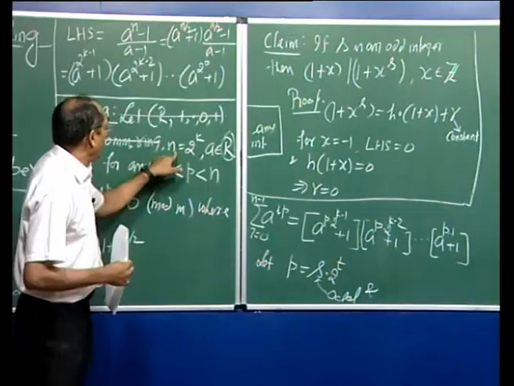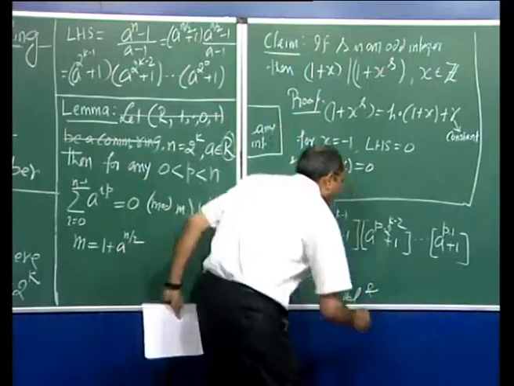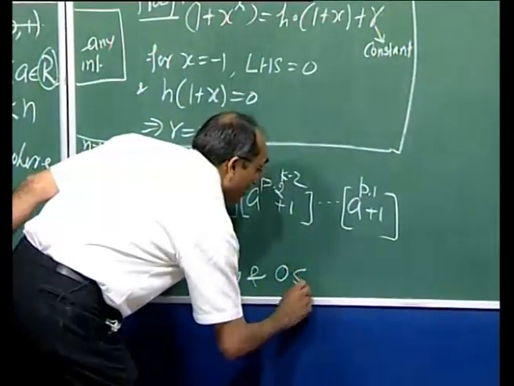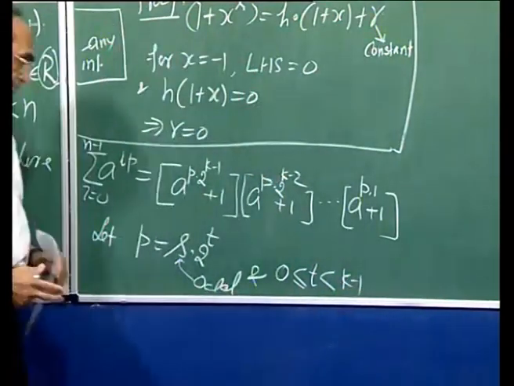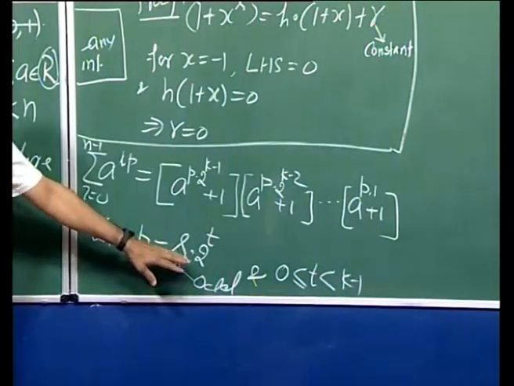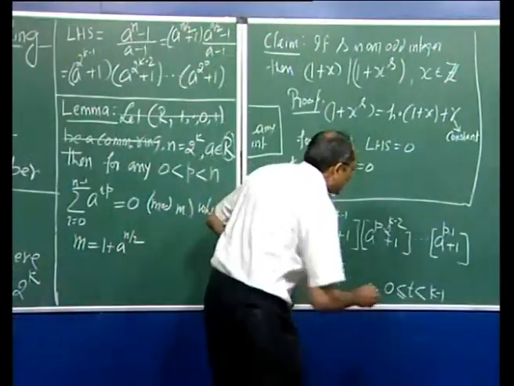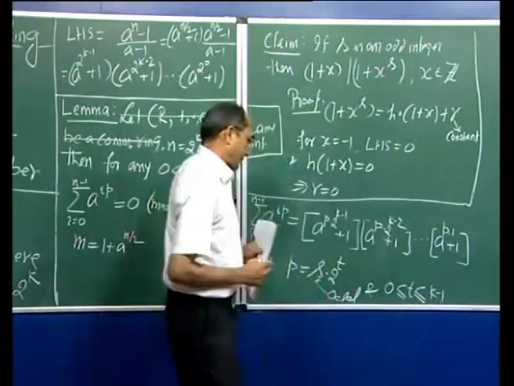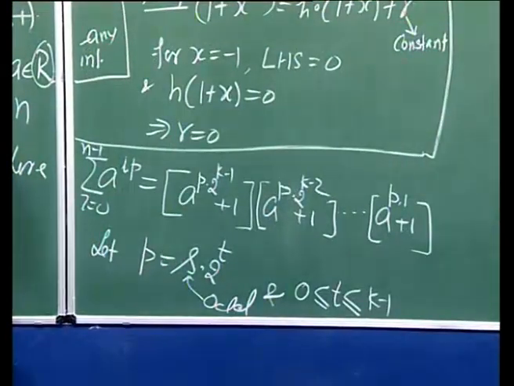Here n is 2^k. So, t can be anywhere from 0 to k minus 1. It cannot be equal to k, but it can be anything up to k minus 1.